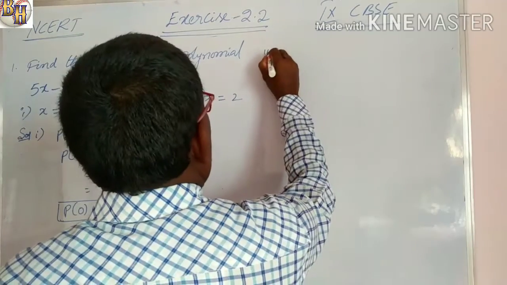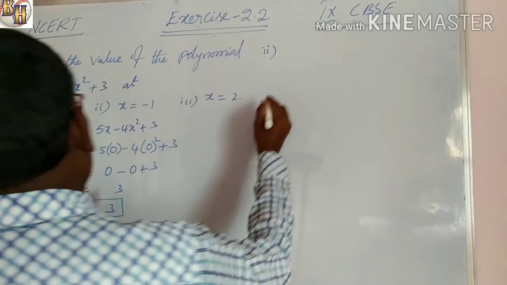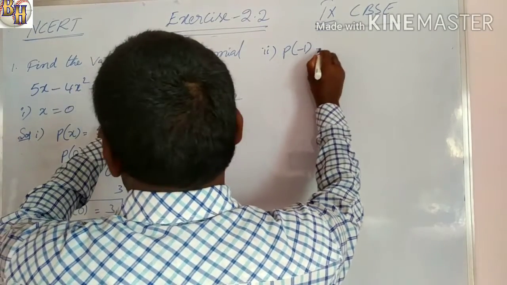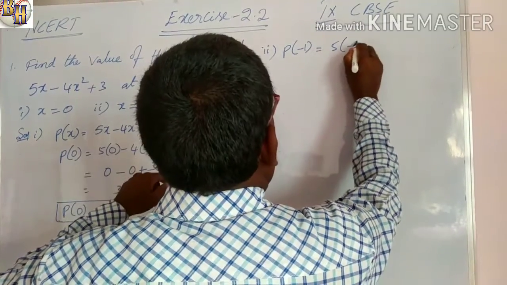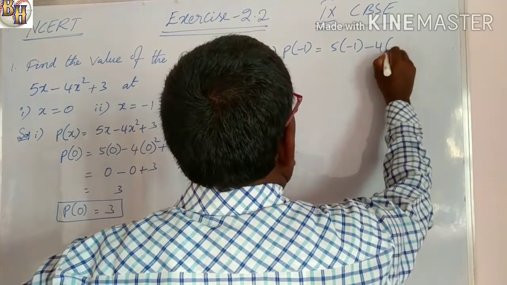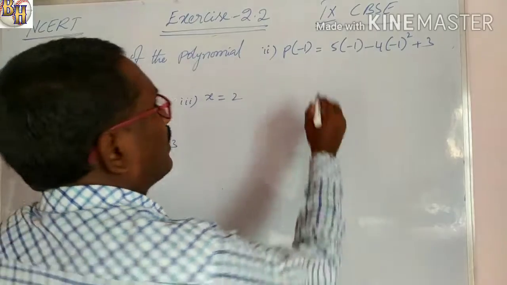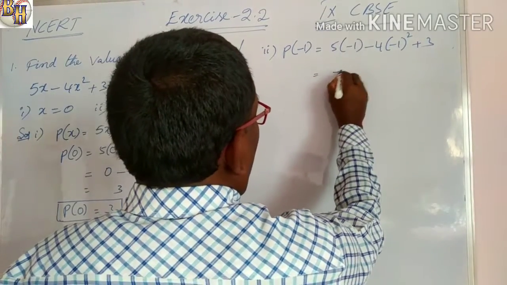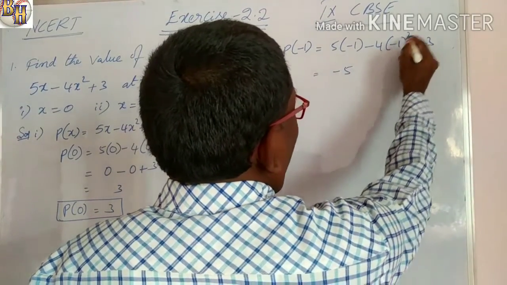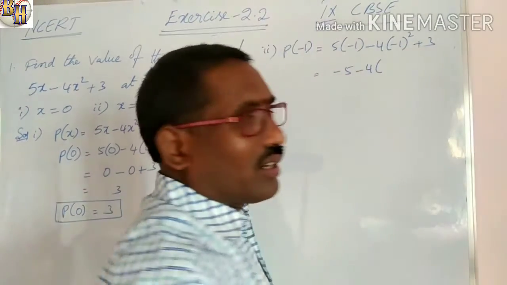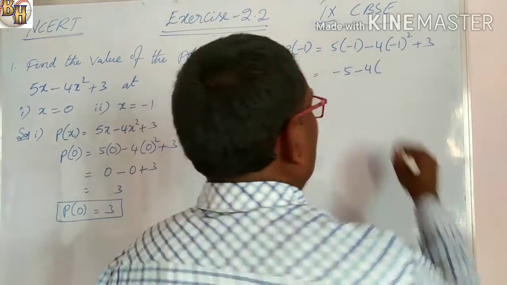Second question. Here x is equal to minus 1. P of minus 1 is equal to 5 into minus 1 minus 4 into minus 1 whole square plus 3. Same here, see, 5 into minus 1 is minus 5. Minus 1 whole square, minus 1 power even number is plus 1.